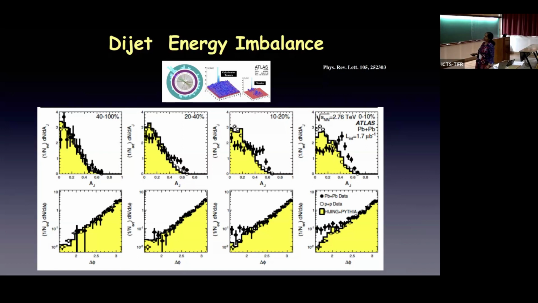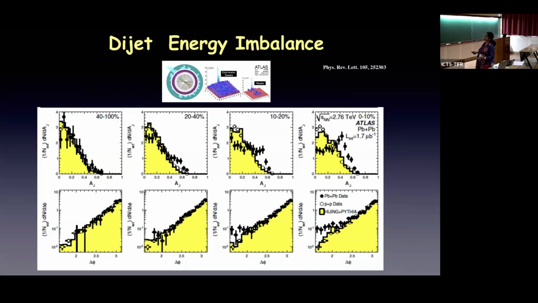Now for lead-lead collisions, as you move towards higher centrality, from peripheral events to central events, the dijet asymmetry increases. Here it is similar to PP, then for 20 to 40 percent it starts shifting, and in 10 to 20 percent, which is semi-central, the shift is more, and for central collisions you see altogether a different peak.